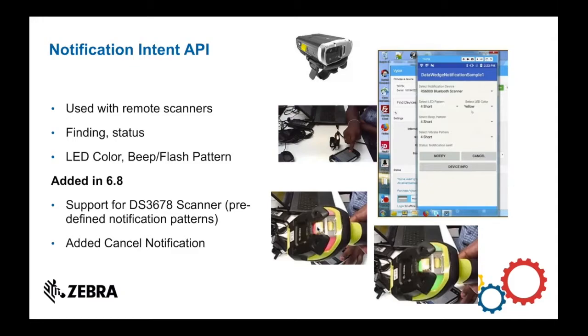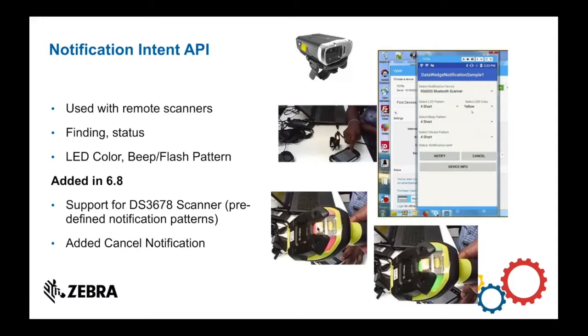Another one is more for status. So when you're scanning product, scanning barcodes, you want to indicate to the user if the barcode was successfully scanned or not. And we have LEDs and beeping as well. So this is a visual or an audible indication of a good or a bad scan. And this way they don't even have to look at the screen, okay?